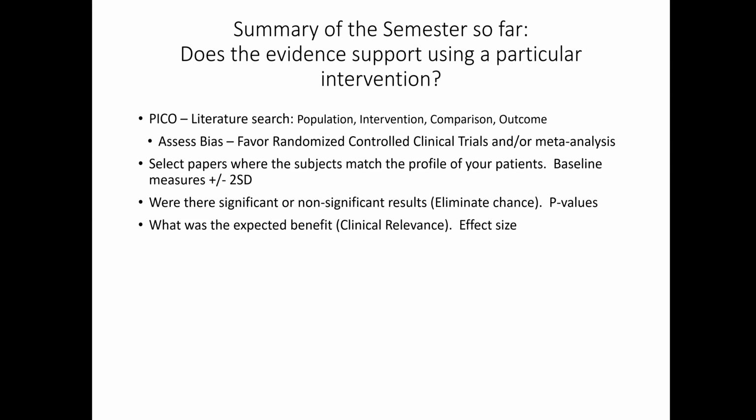And we look to determine if the results were significant or non-significant. That is, do they eliminate chance based on the p-value? And if they do, what was the expected benefit? Clinical relevance, what was the effect size? So these are the things that we looked at for the first half of this class.